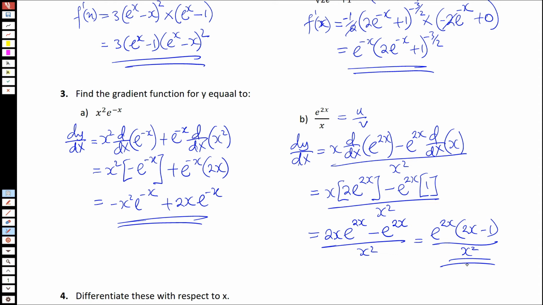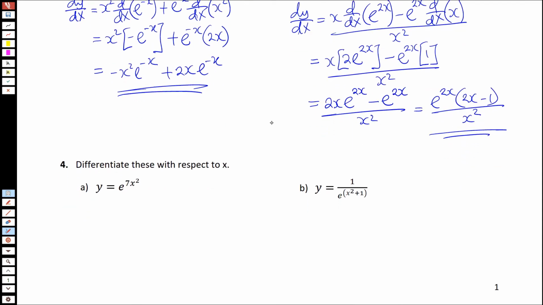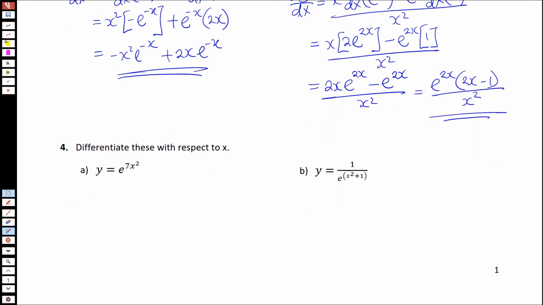And that will be your required solution. Let me just write this properly. So x squared. Okay, so it all depends on the nature of the question, and then you choose which rule to apply, whether product rule or quotient rule.